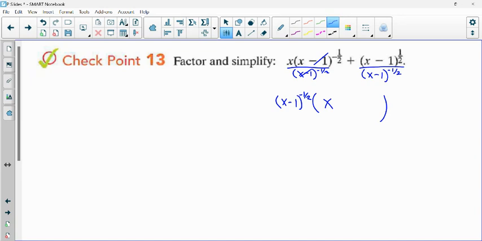So again, that means I'm going to have to subtract my exponent. So it's 1/2 minus the negative 1/2, which I'm really adding together. So I get 1 whole again, 2 halves or 1. So again, this would now be plus x minus 1. The base is still x minus 1 to the first.